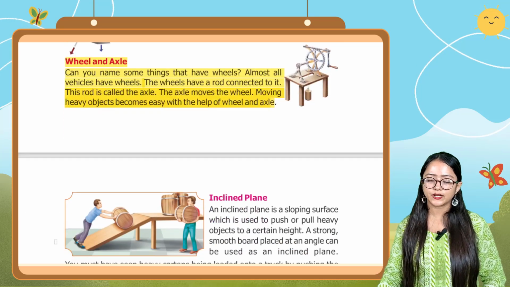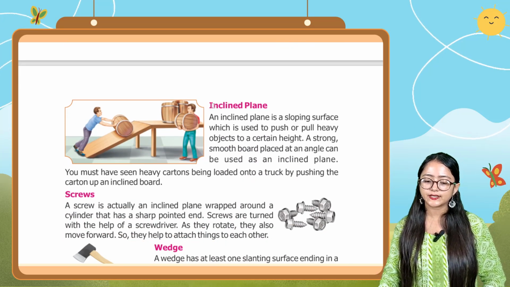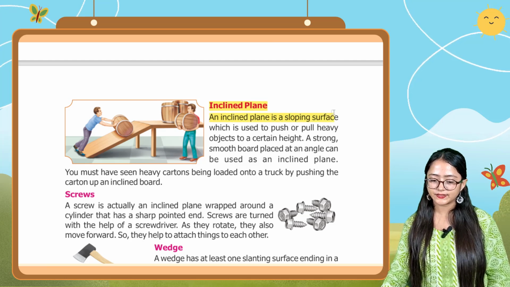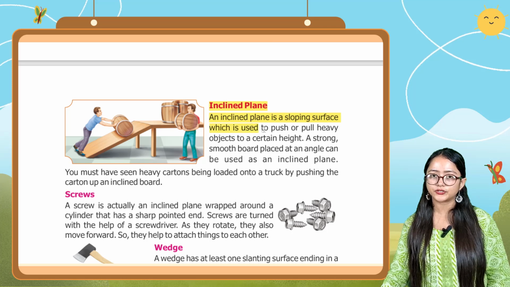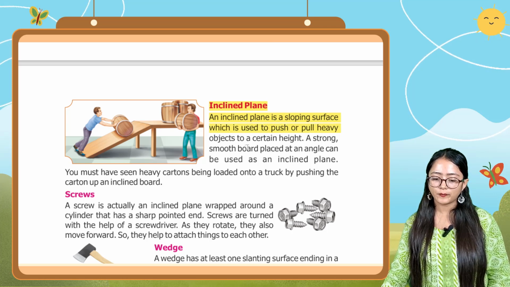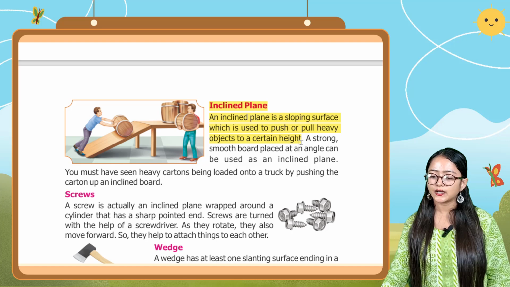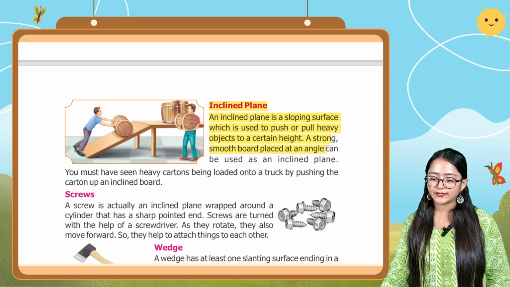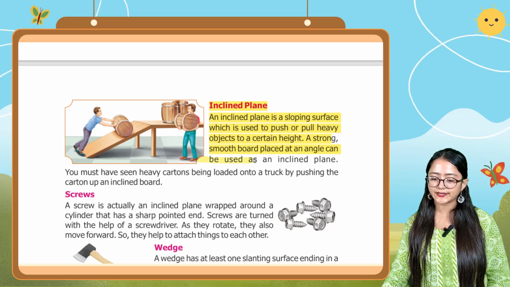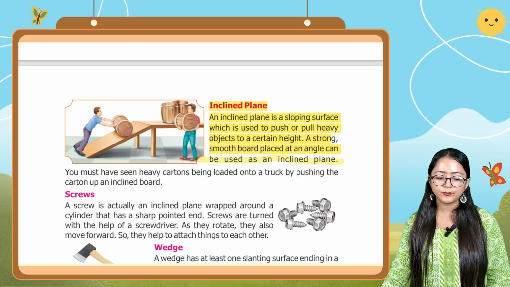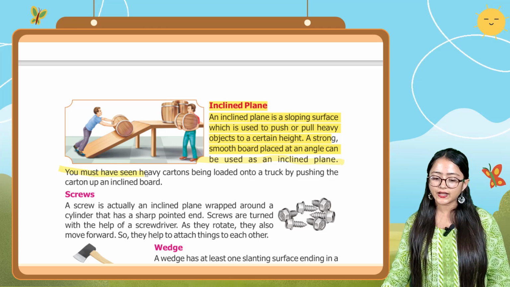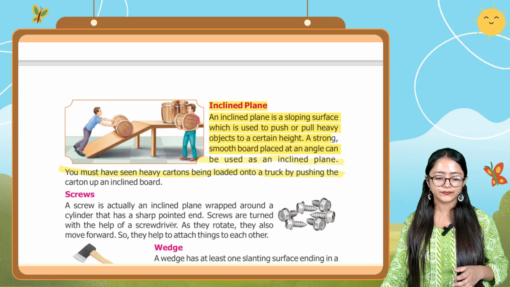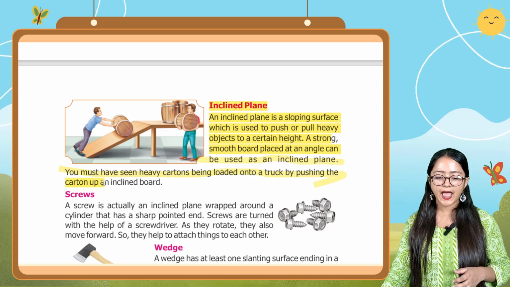Now we come to another machine, that is the inclined plane. An inclined plane is a sloping surface which is used to push or pull heavy objects to a certain height. A strong, smooth board placed at an angle can be used as an inclined plane. You must have seen heavy cartons being loaded onto a truck by pushing the carton up an inclined board.